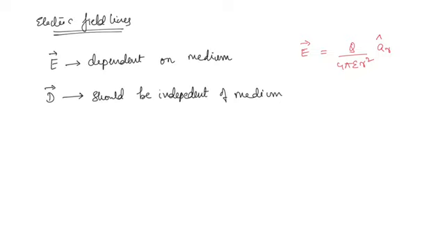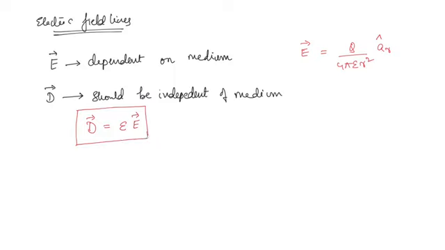So we need a new vector which should be independent of the medium. So then what do we take? We take d bar is equal to epsilon E bar. It was there in the denominator epsilon, so we multiply the electric field by epsilon and we get a vector d bar.